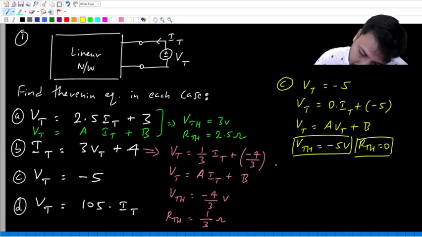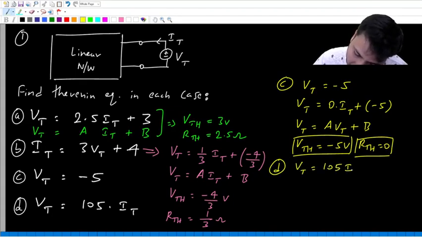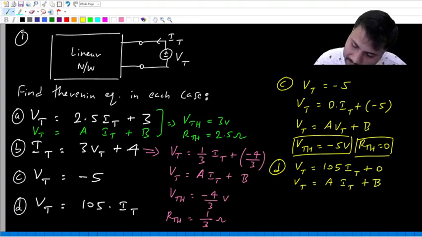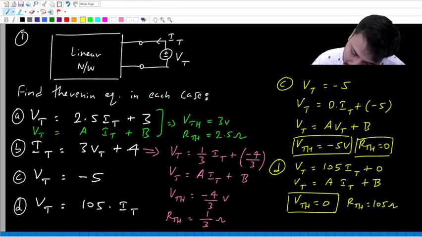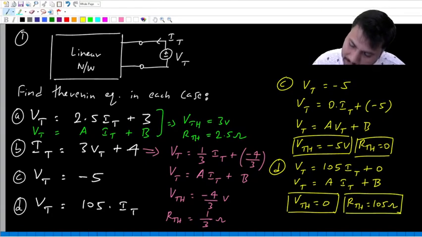And finally D case, Vt equal to 105 It plus 0. You can compare it with the standard form A It plus B. So B is 0, so the Thevenin voltage is 0. A is 105, so the Thevenin resistance is 105 ohms.